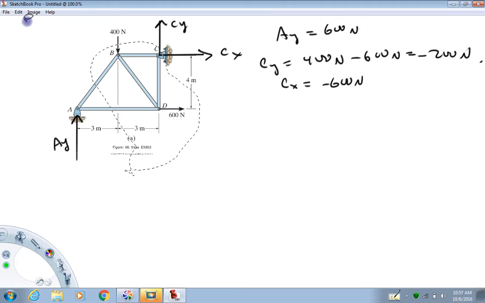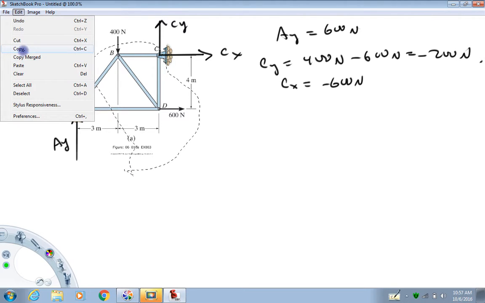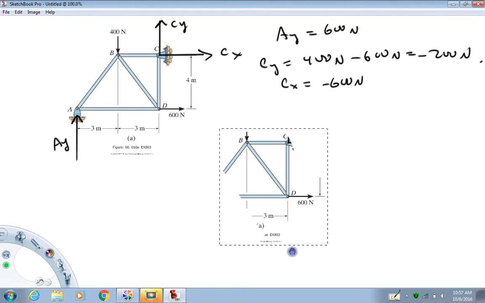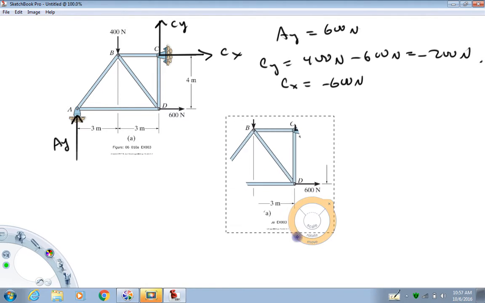There, that should work. Copy. Paste. This thing seems to be not behaving quite the way I think. All right, I think that's good enough. So I've recopied this.